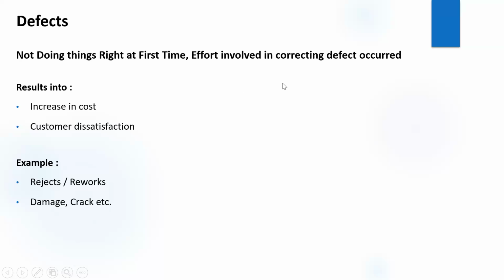A defect is a product that is not correct, or the effort involved in correcting the defect that has occurred, which results in increased cost and customer dissatisfaction. Examples: rejects, reworks, damage, cracks. These are called defects. Reject piece, rework piece, damaged piece, cracked piece, customer dissatisfied, and effort involved in correcting the defect. That is called a defect.